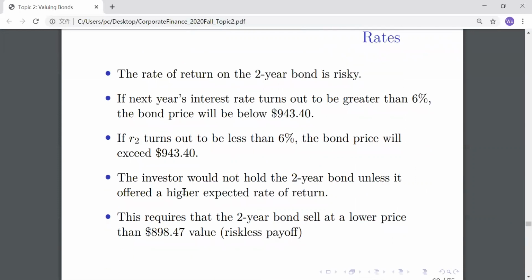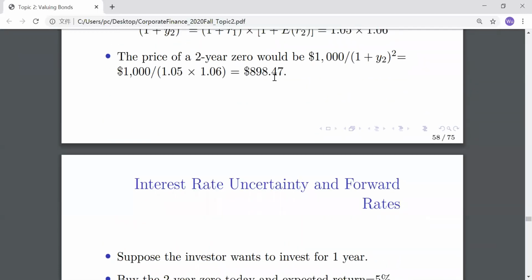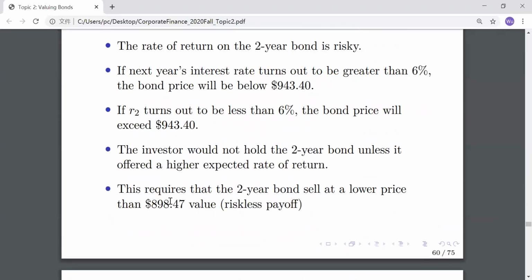So in order to encourage investors to hold these 2-year bonds, you need to offer a higher expected return. That implies the 2-year bond needs to be sold at a lower price than this price, because this price is the riskless payoff, without any risk.